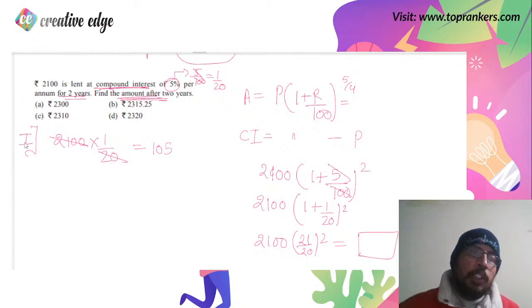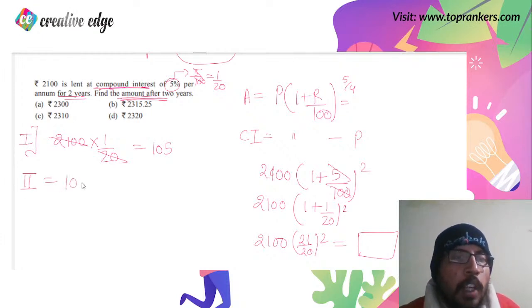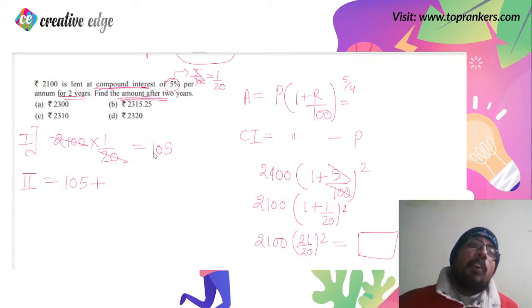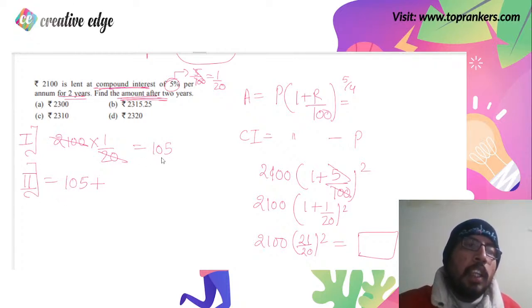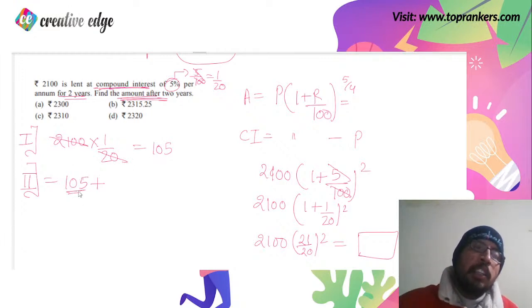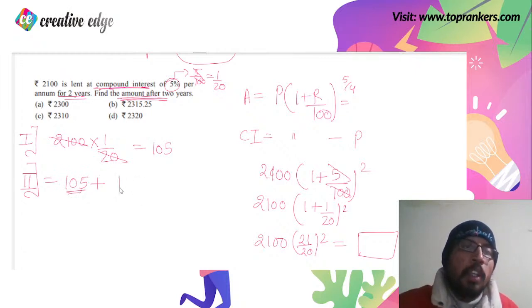Now for the second year, how do we calculate compound interest? First we take the interest of the previous year, then on that amount we reapply the interest for this year. So it would be 105 plus 105 into 1 by 20, which is 5.25.